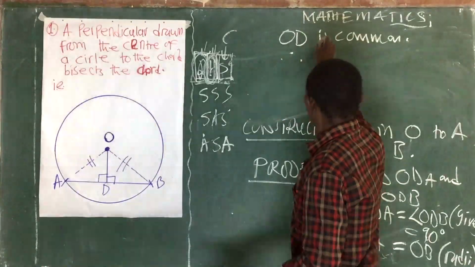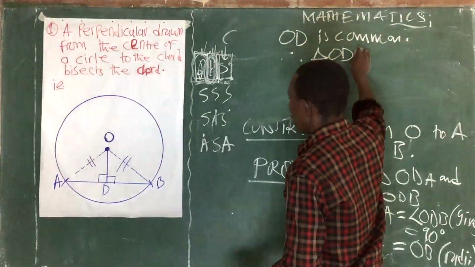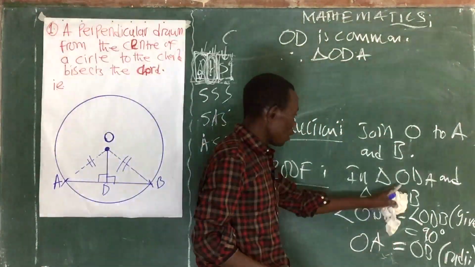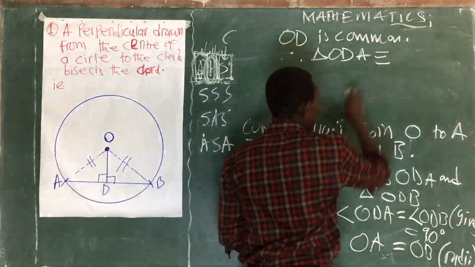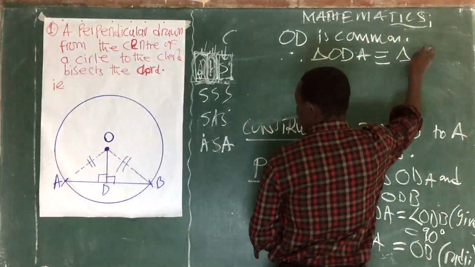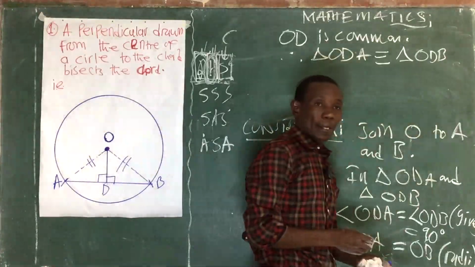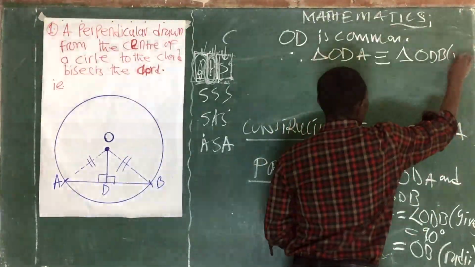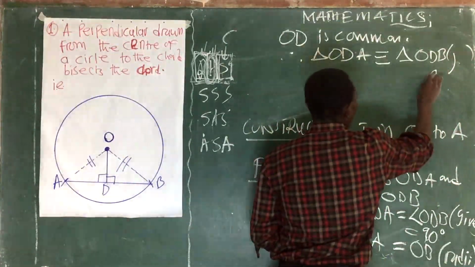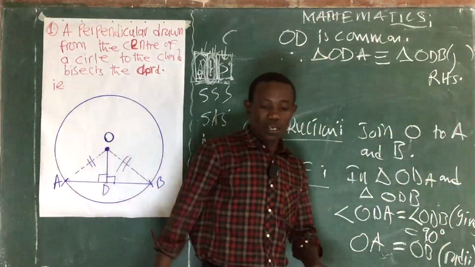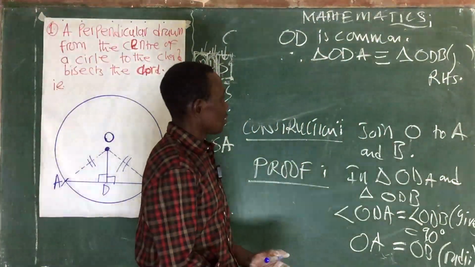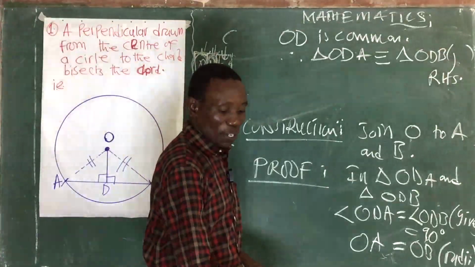Then conclude as to say triangle ODA, this one here, ODA, is congruent, this is the symbol, to triangle what? ODB. And you write the reason here in that bracket as RHS.